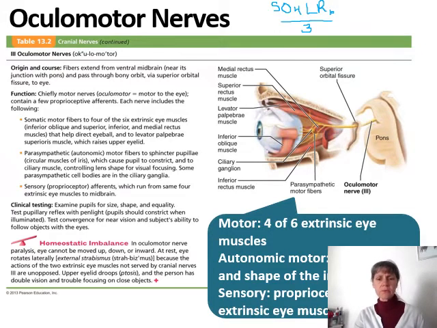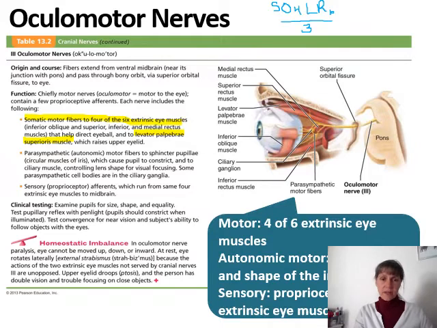So let's see some of the things that the oculomotor nerves do. We know it's going to be somatic motor to 4 of the 6 extrinsic eye muscles. And they're listed here. Again, if you can remember the muscles and remember the formula, you can pretty much figure it out pretty easily. They also go to a muscle that helps to raise the upper eyelid called the levator palpebrae superioris muscle.